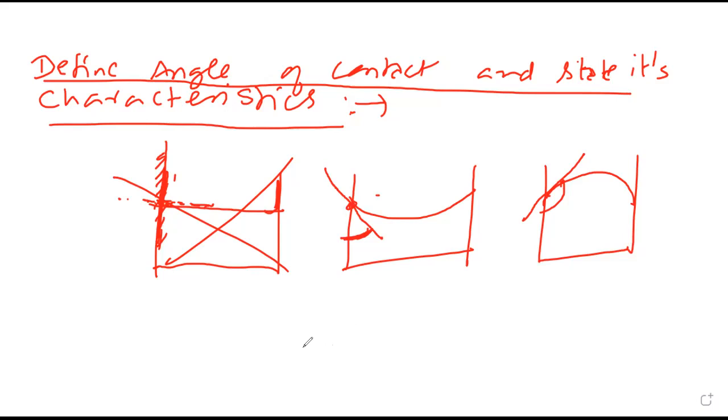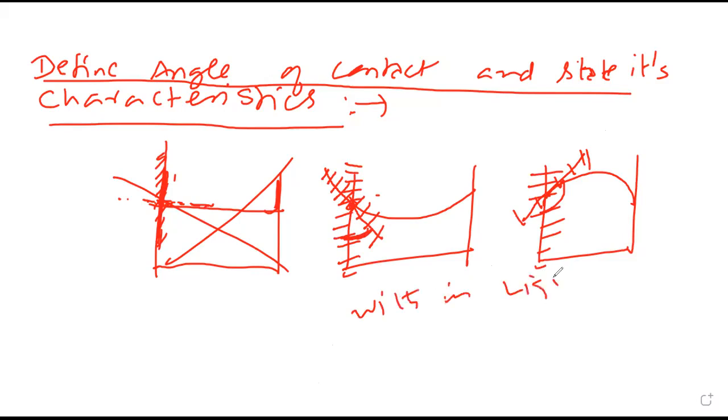Now what is angle of contact? First of all, it is an angle. So, the angle between the tangent drawn at point of contact and the wall of the container, measured within the liquid.